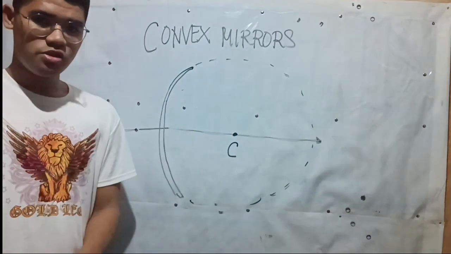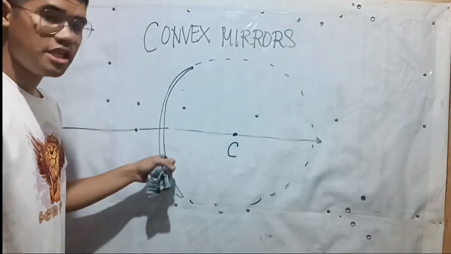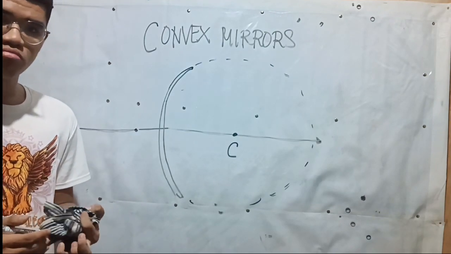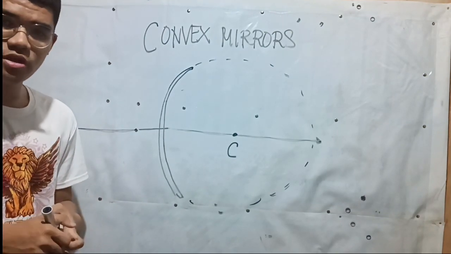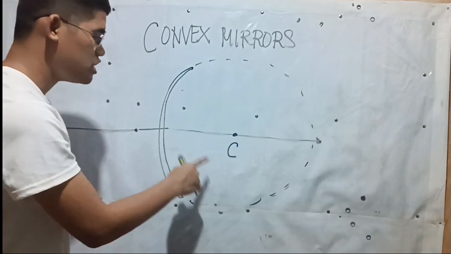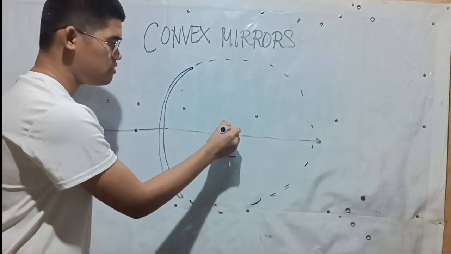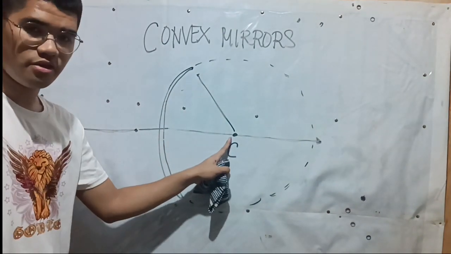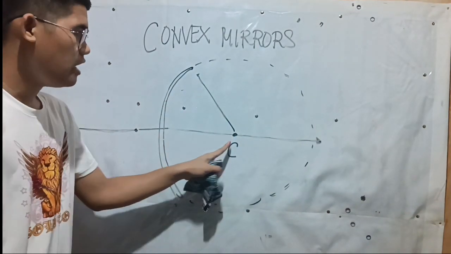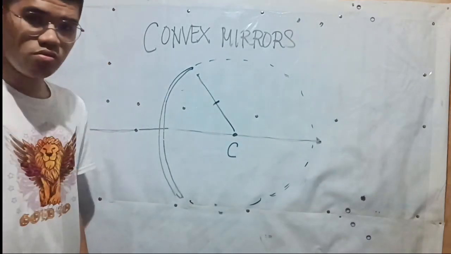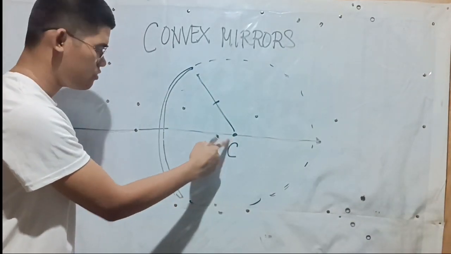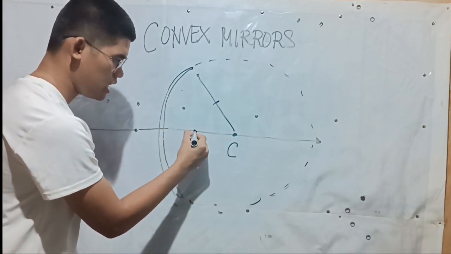Now, there's also another important part, which is our focal point. The focal point is just the radius over 2. If our radius is the distance from the mirror to the center, then our focal point is halfway. In other words, it is halfway between the center and the mirror, something like here.